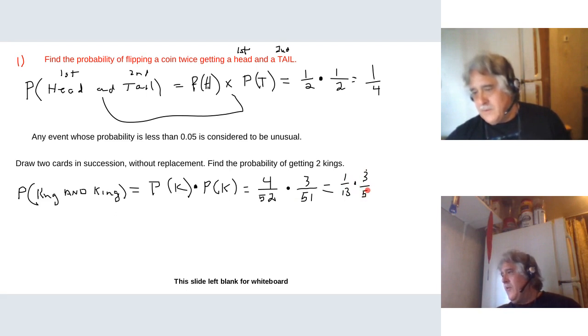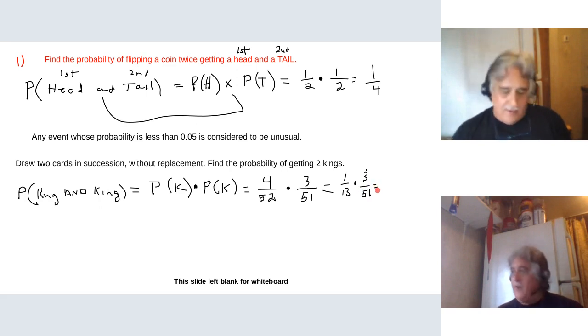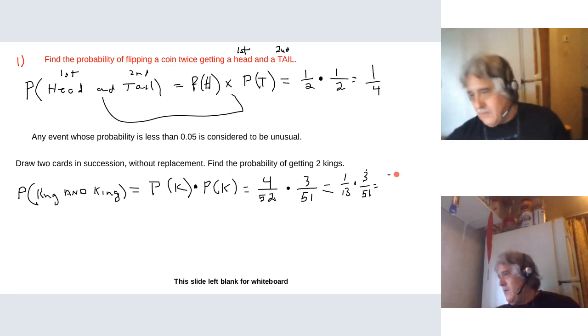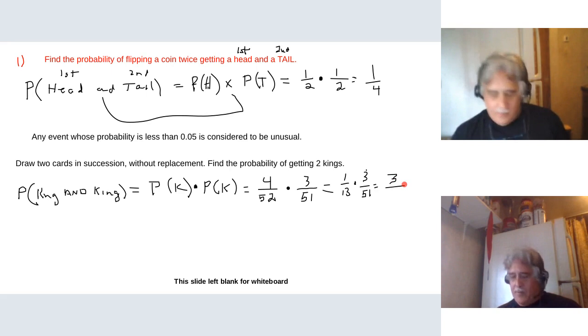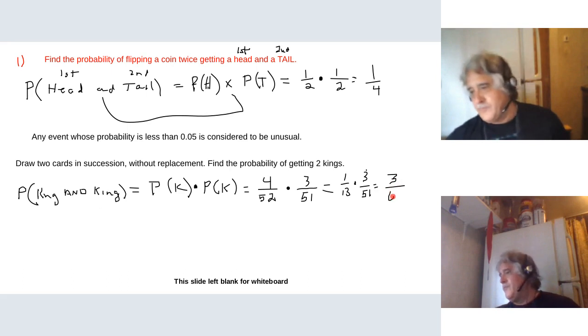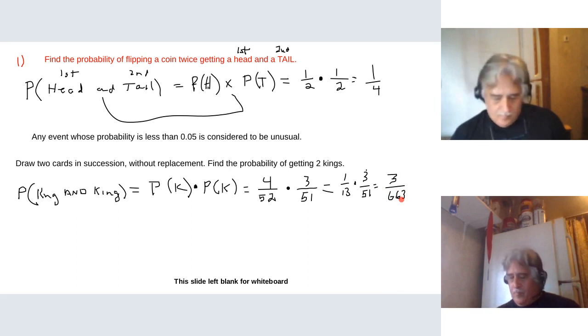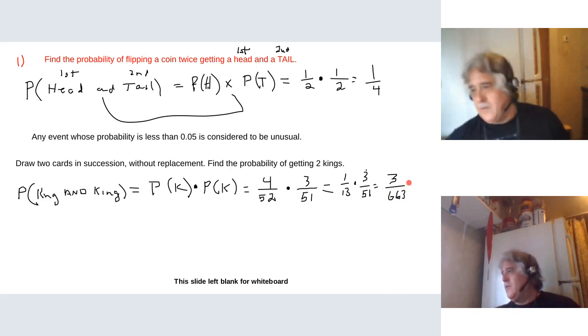Because if you want the exact answer, then you're going to have to simplify. And you've got to watch it: if they want an exact answer, or if they want you to give an approximation, they've got to tell you what to round it off to. And then that's 1/221.